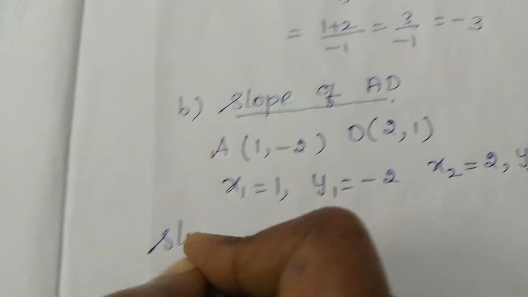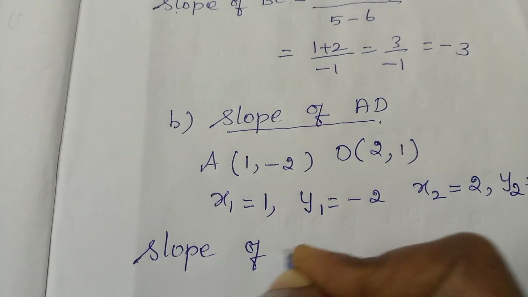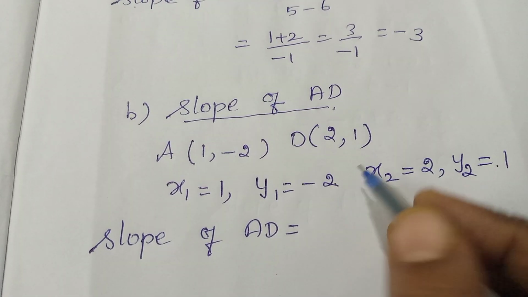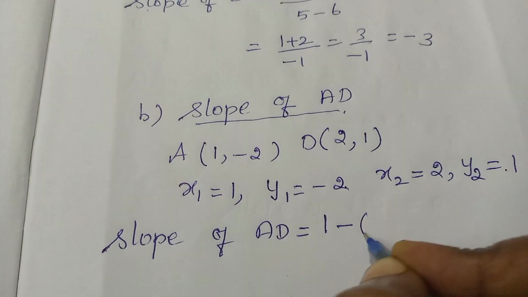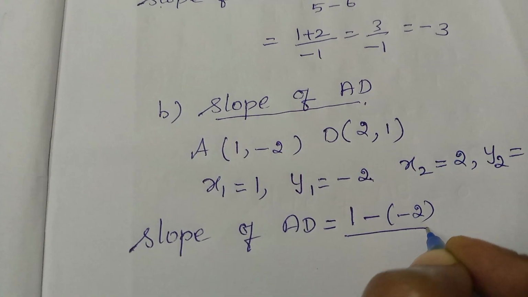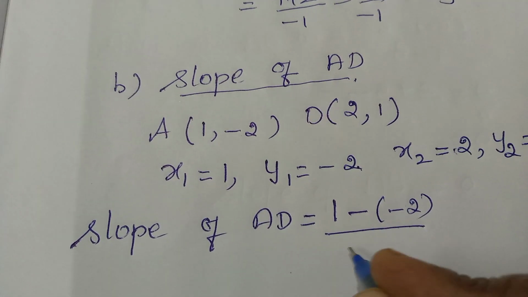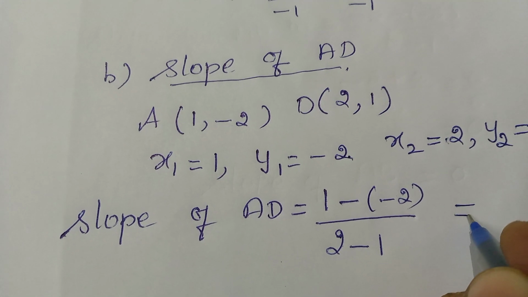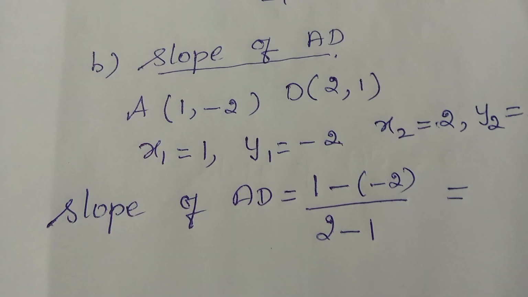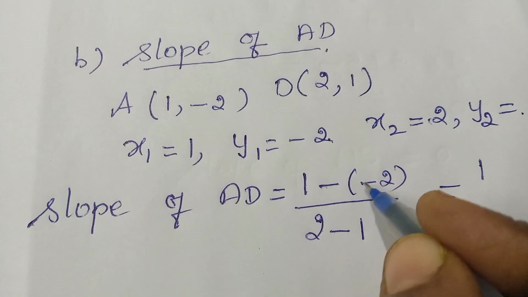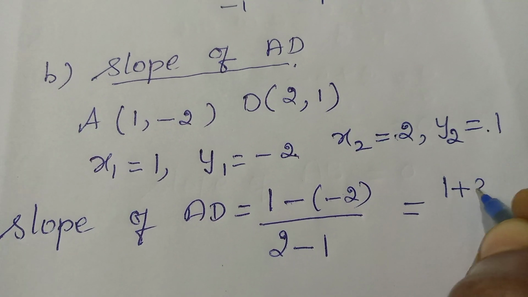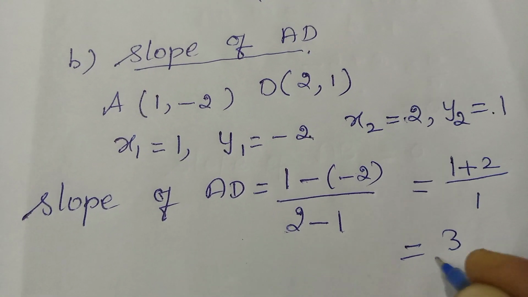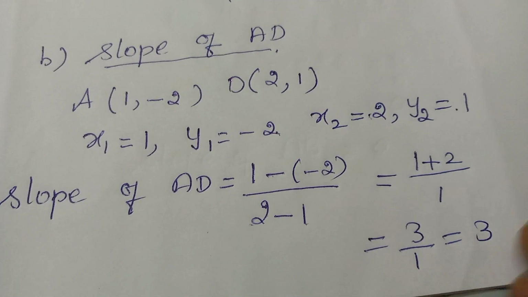Slope of AD is equal to y2 minus y1, that is 1 minus minus 2, by x2 minus x1, that is 2 minus 1. Minus into minus is plus. 1 plus 2 by 2 minus 1 is 1, which is equal to 3 by 1 is equal to 3.